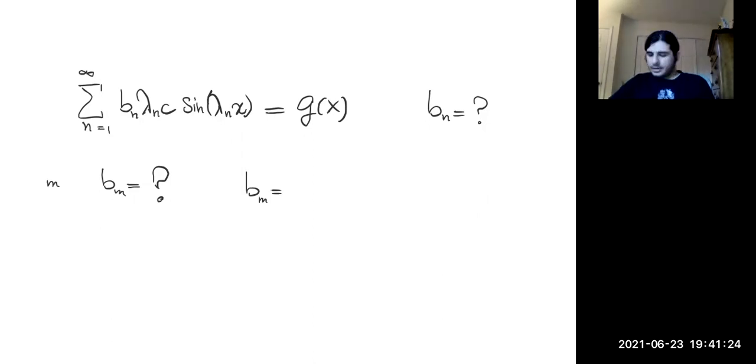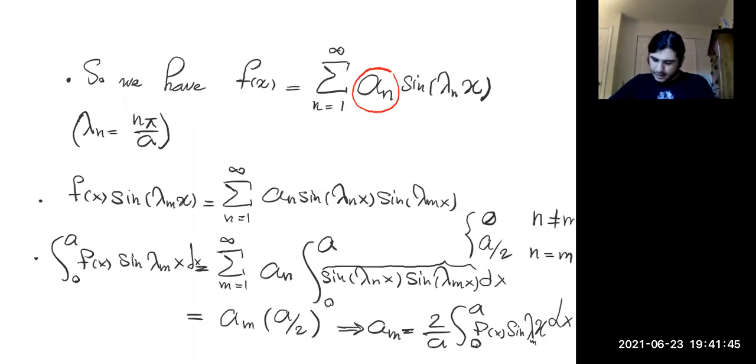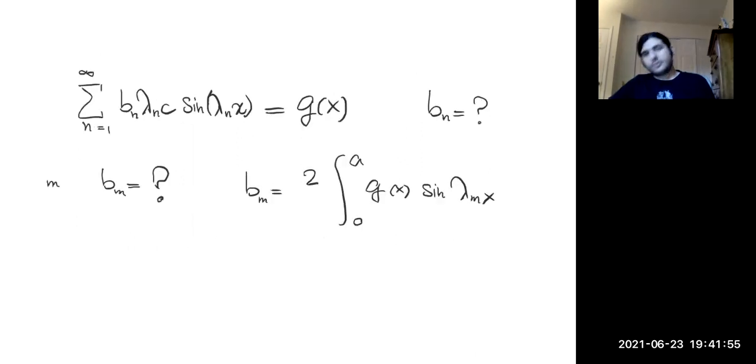So it's going to be, let's see, we would take the integral from 0 to a of g(x) sine of lambda_m x, and then, sorry, what did we have here? 2 over a. So there we are going to have 2 over, probably, ac, if I remember correctly.